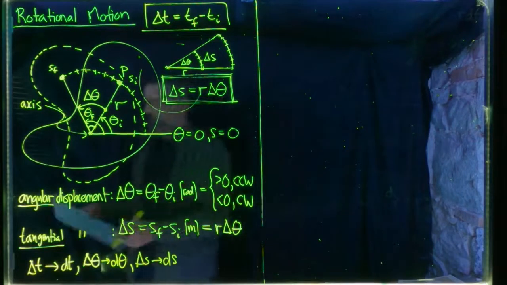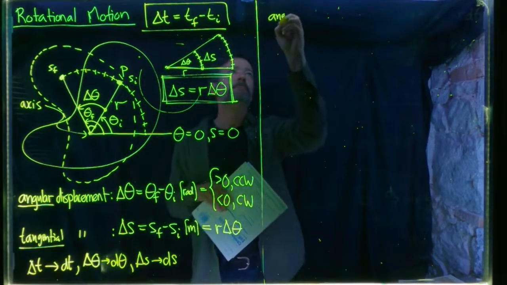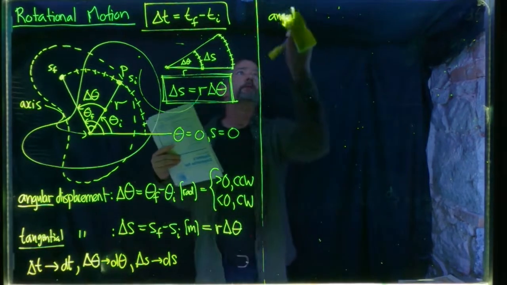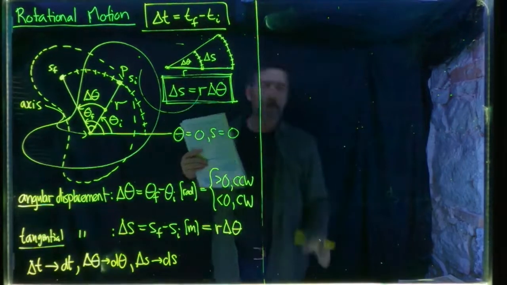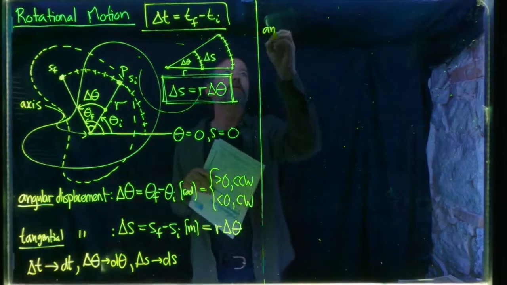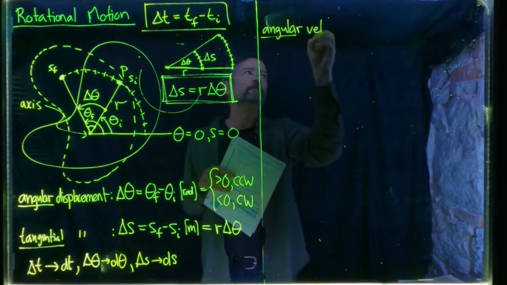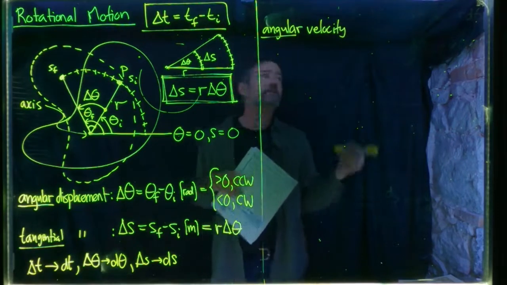So then we can start talking about instantaneous angular velocities and instantaneous angular accelerations. Okay? So we will define an angular velocity, and the angular velocity is given a special name.